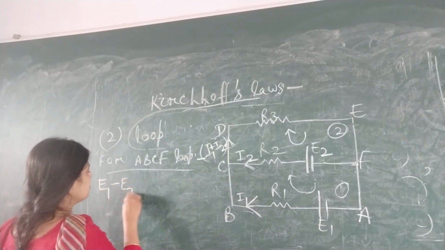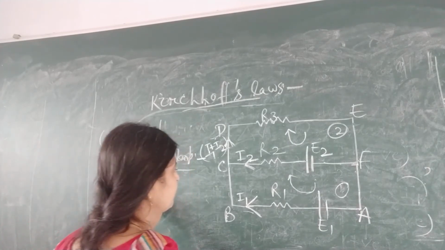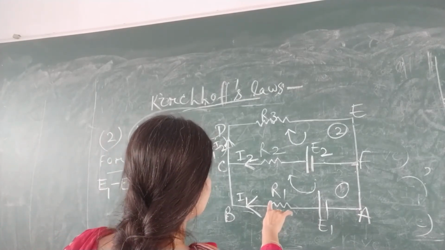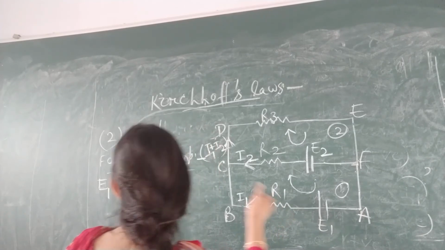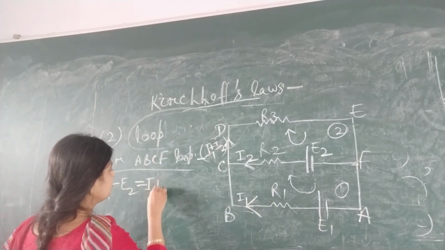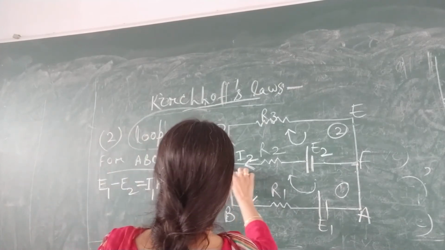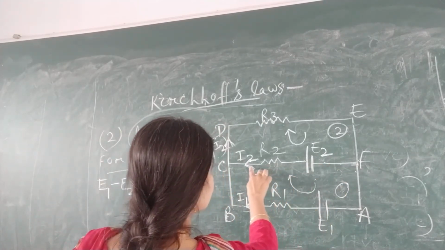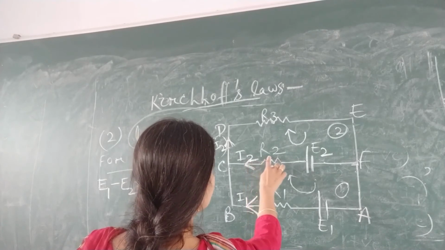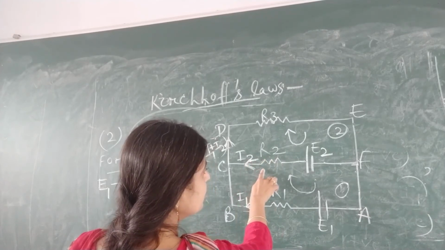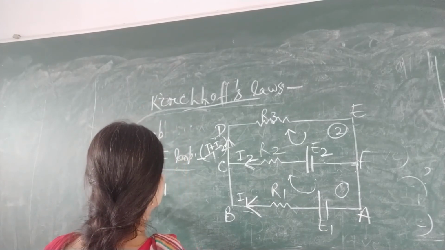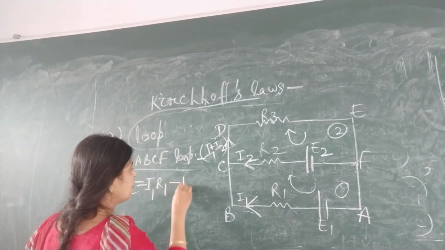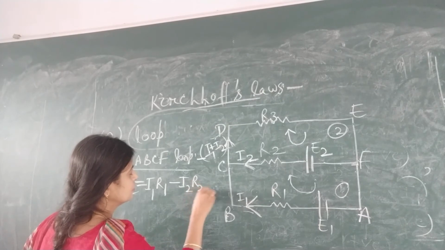E1 minus E2 is equal to how much? Current is here I1 and resistance is here R1. So I1 R1, and here the current is I2 and R2, but the direction will be opposite. So E1 minus E2 is equal to I1 R1 minus I2 R2.